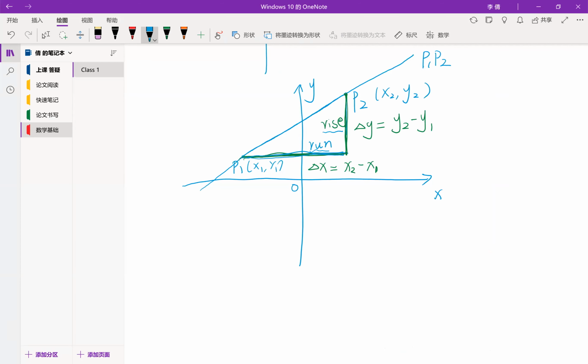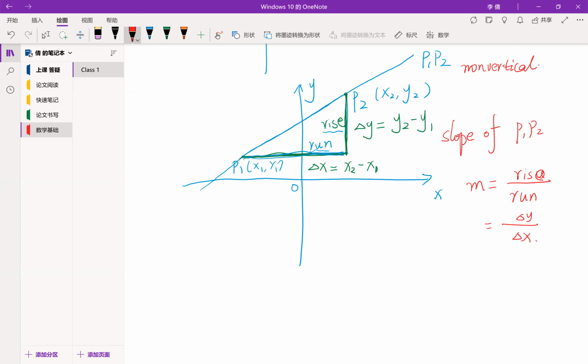If the line from P sub 1 to P sub 2 is not vertical, then the slope of this line P sub 1 P sub 2 is m equal to rise over run, which is equal to delta y over delta x.